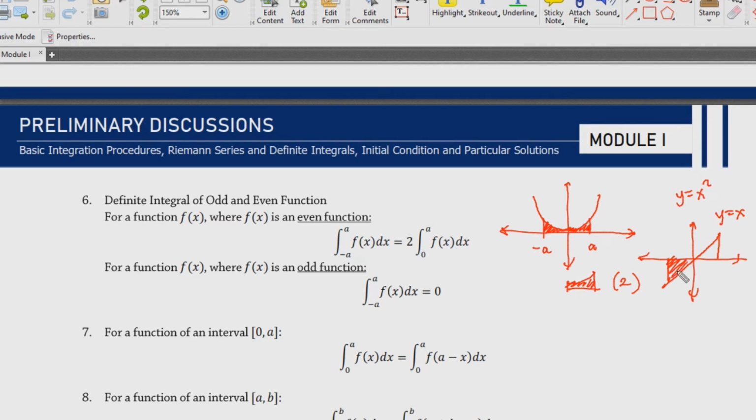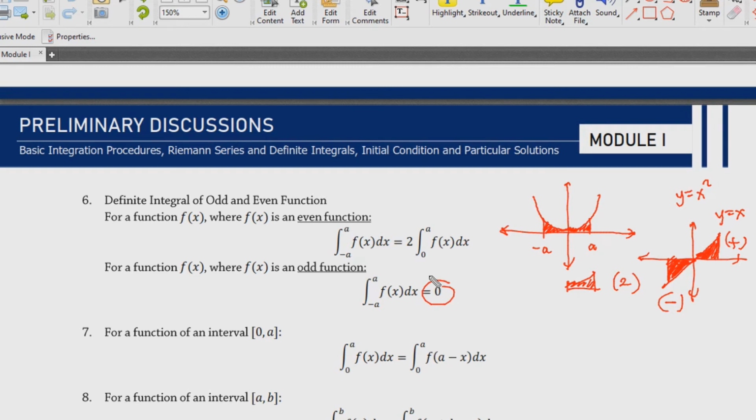So therefore, I need to find the area under this curve. But this one, we can find the area under this curve, but above the curve. And remember, sabi ko nga, pag meron tayong area above the curve, that becomes negative area. And this one is positive. So it makes sense that this triangle has the same area, but of course, this one's negative and this one's positive. So it cancels out, kaya meron tayong 0 for odd function.